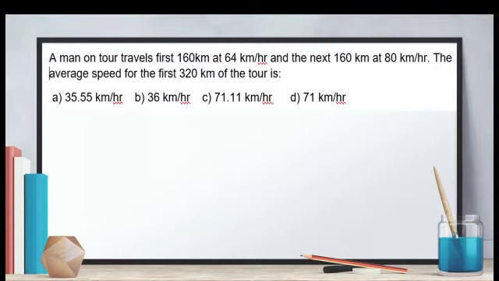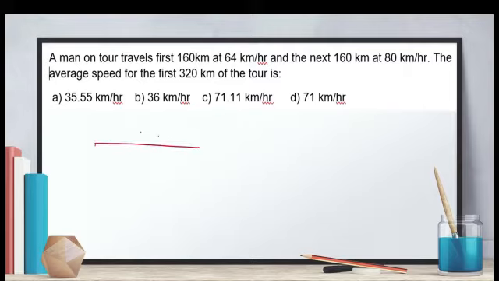A man on tour travels the first 160 kilometer at 64 kilometer per hour, and the next 160 kilometer at 80 kilometer per hour. The average speed for the first 320 kilometer of the tour is, okay, let's see.